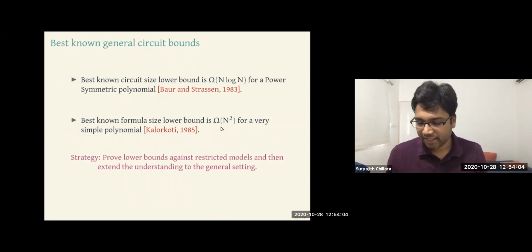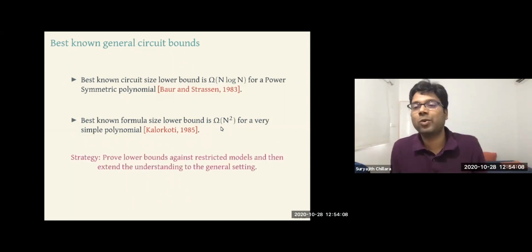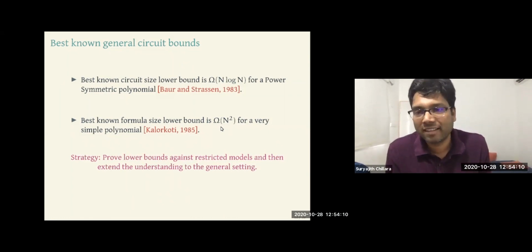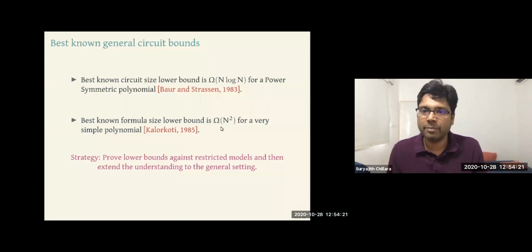So basically the strategy now is that we want to prove lower bounds against restricted models. Again, this is similar to what has been going on in Boolean circuits. In Boolean circuits, back in the 80s, we looked at AC0, AC0 with parity, AC0 with mod gates, and all these are constant depth circuits where after every step we add a bit of complexity.